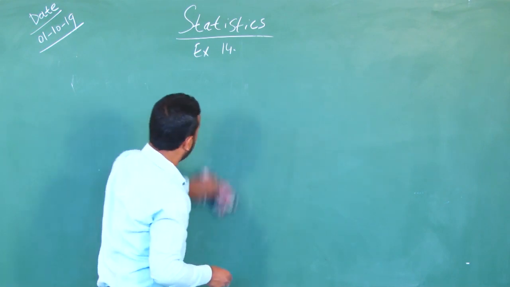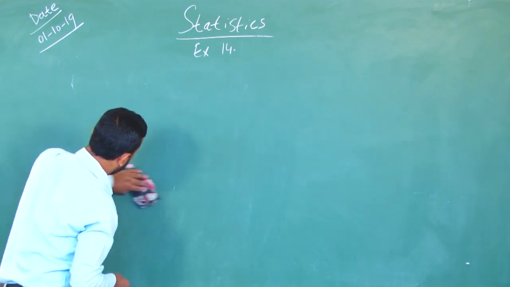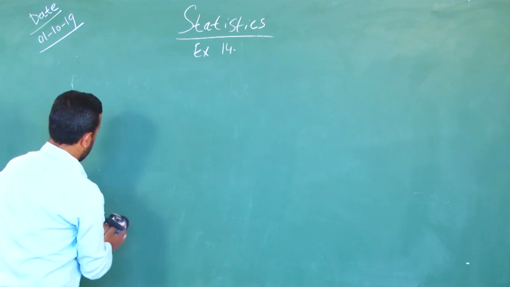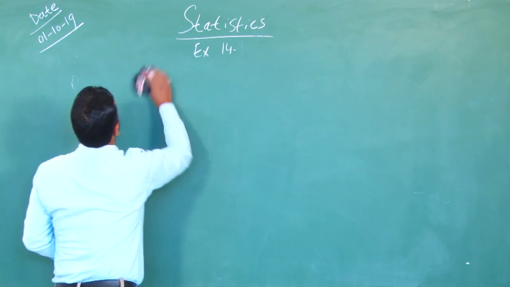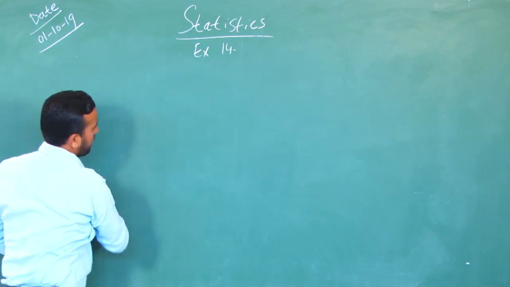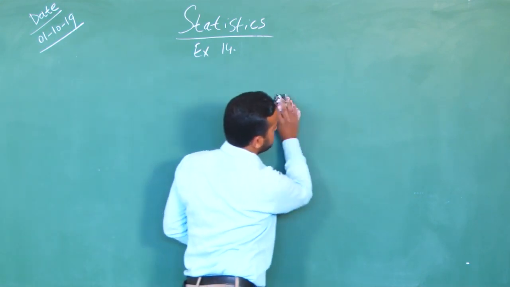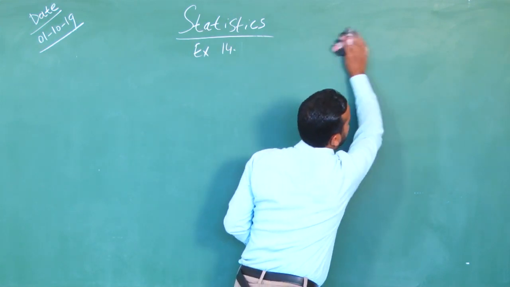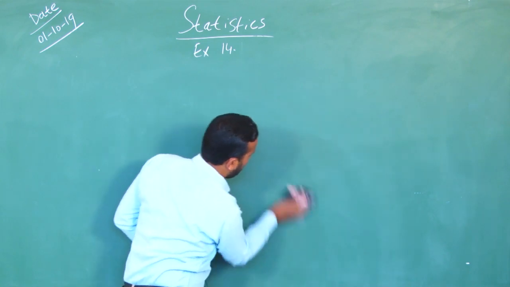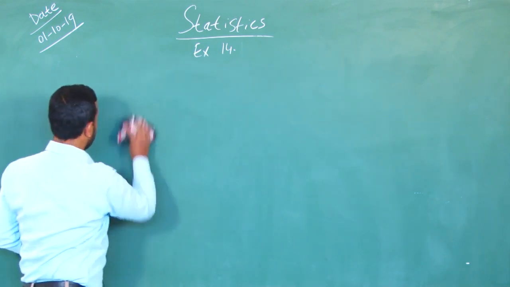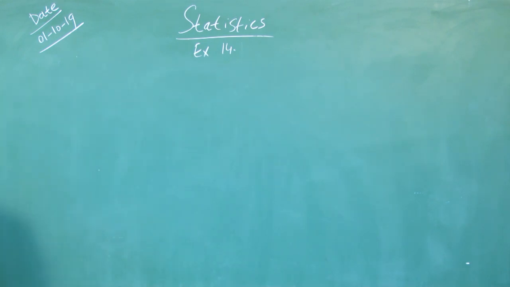Mode is simply, as we know, the data value which has the highest frequency, which is repeated the maximum number of times, the frequently occurring observation of the given data.